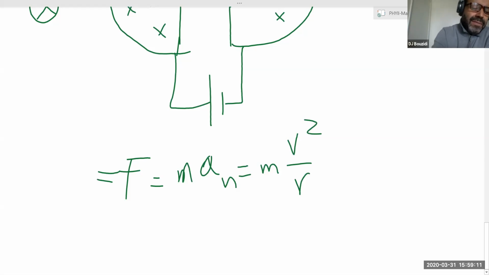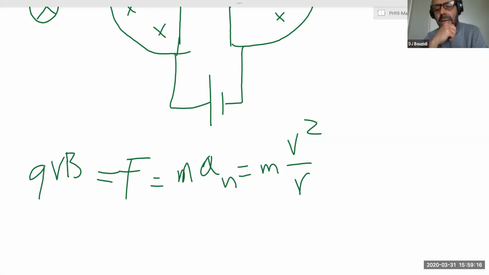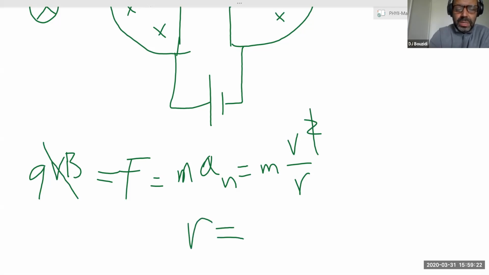And here this force is equal to QVB times sine of 90 degrees. I just argued that the angle must be 90 degrees. Cancel this one and that one, and that's going to be a rotation with a radius given by this expression, namely r equals mv over QB.